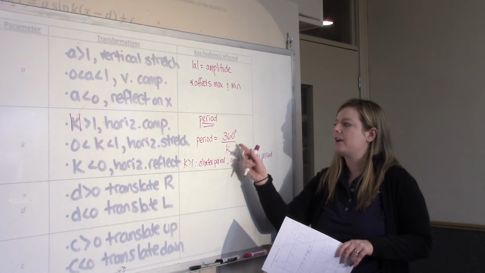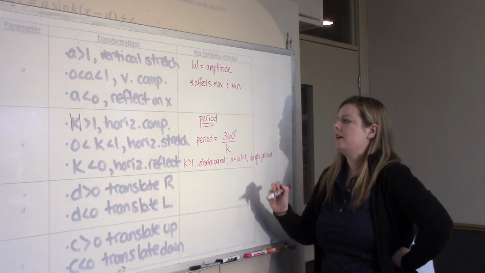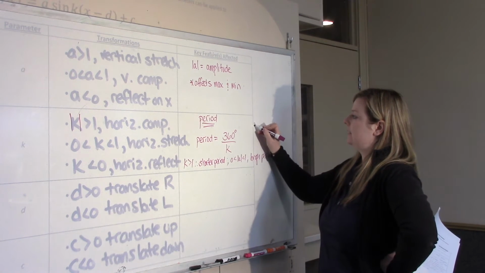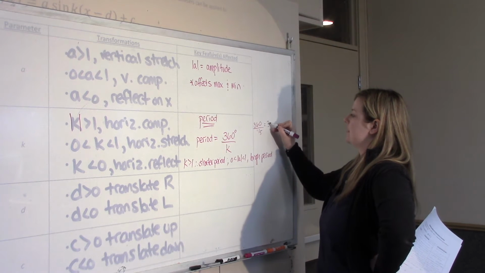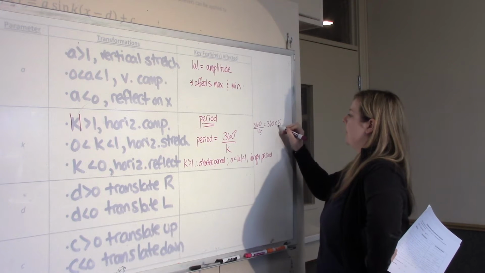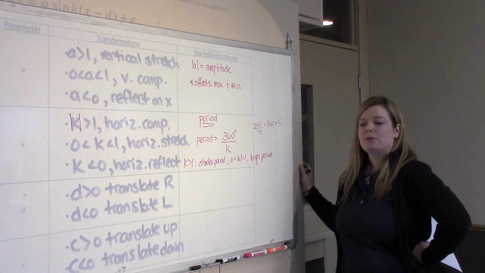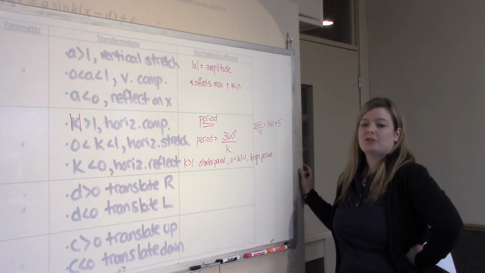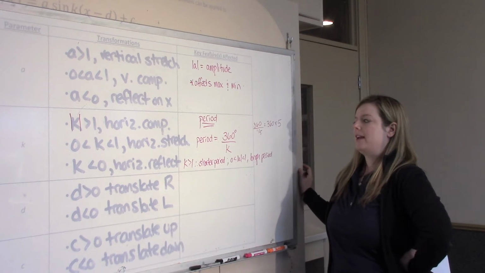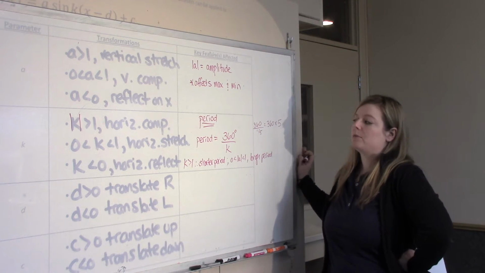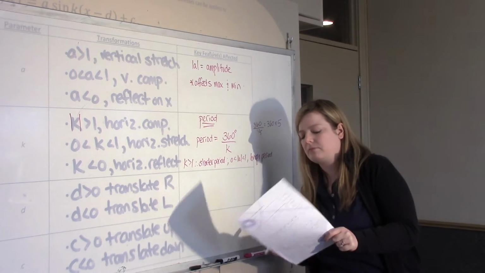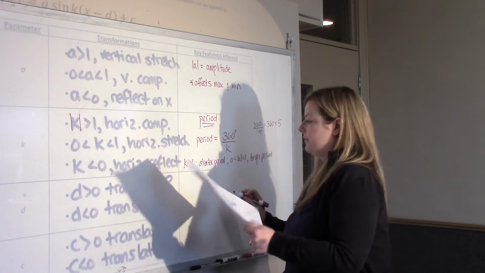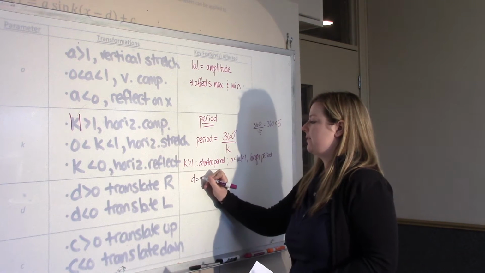So you'd multiply 360 by 5, because 360 divided by a fifth is the same as 360 times 5, right? So you'd multiply 360 by 5, and that's your period. Another way to think about it is that only a fifth of a period will now exist in the first 360 degrees.